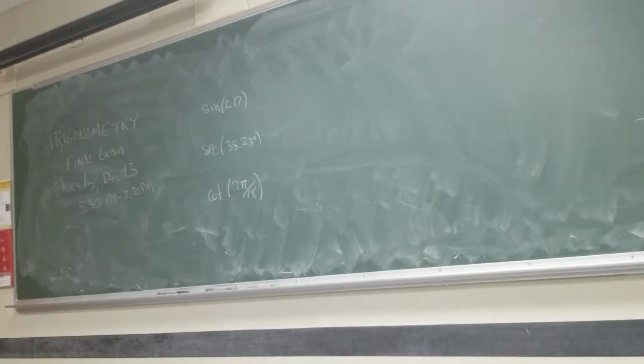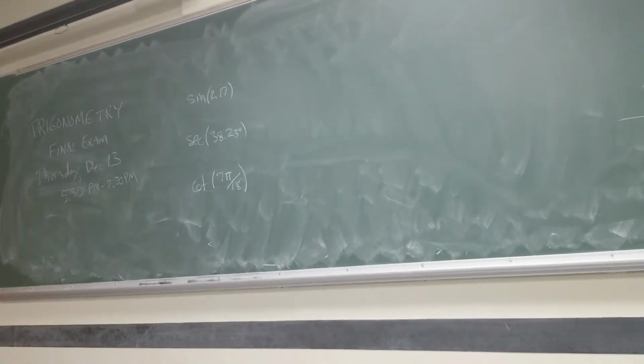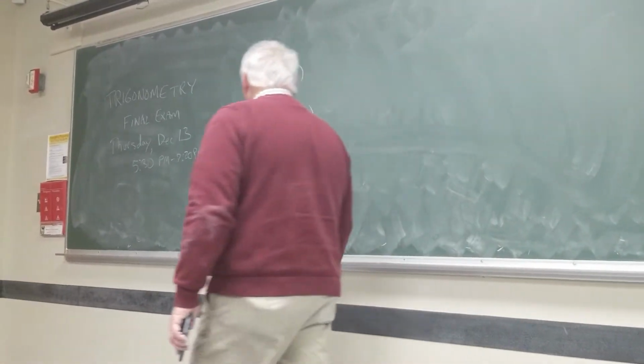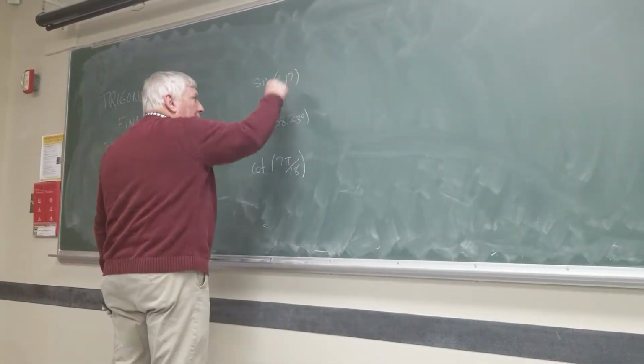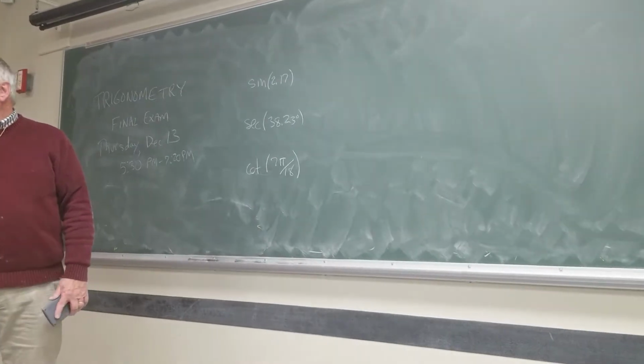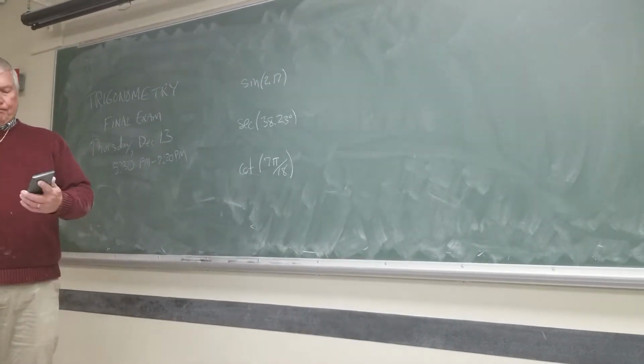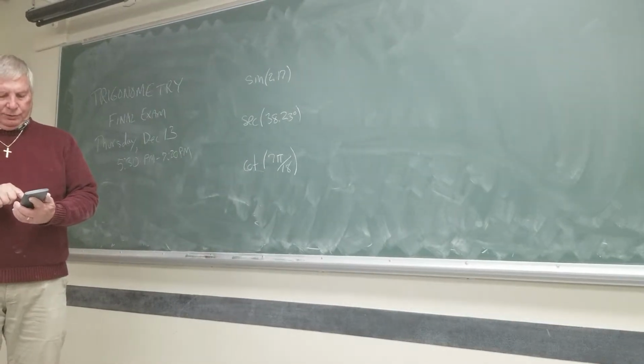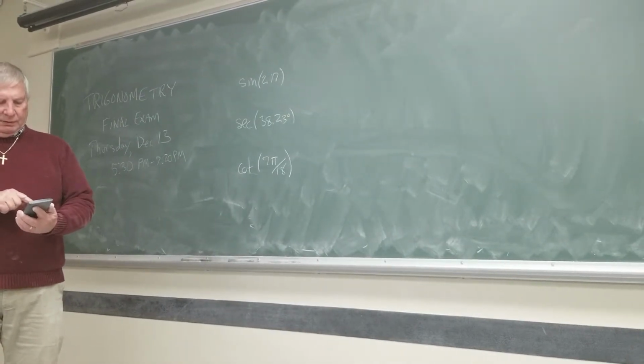So, this first one, no degree symbol there, so that's in radians. Sine of 2.17.